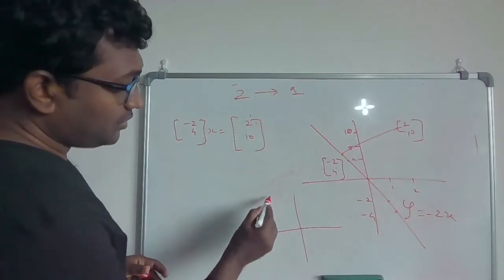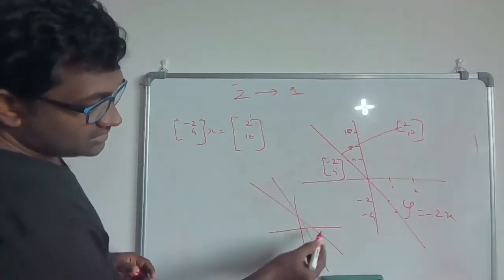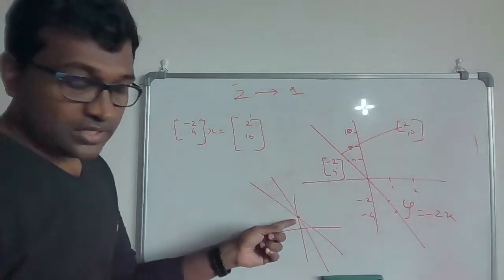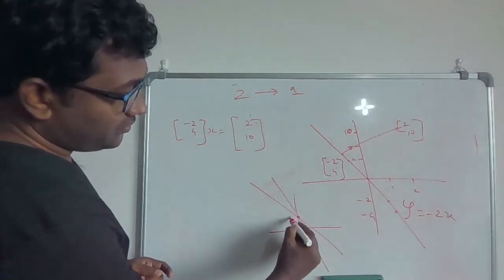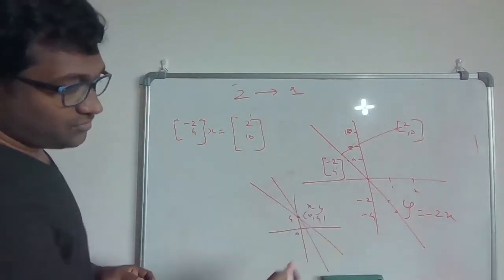Let's say we have two lines like this, and the solution is the point where they meet. Let's say it is 0, 4, which means x is equal to 0 and y is equal to 4 is the solution for this equation.